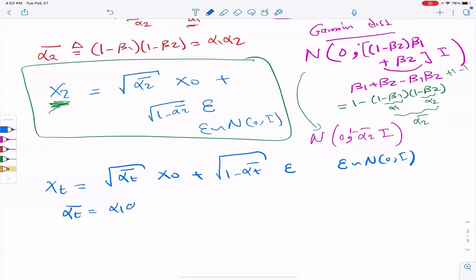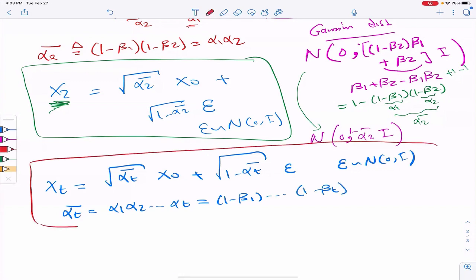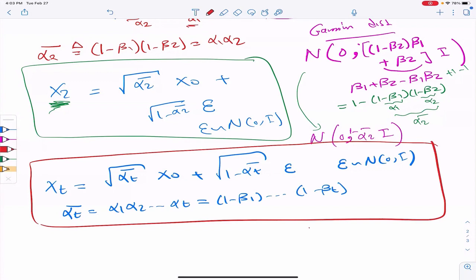It is the multiplication of alpha 1 to alpha t. And what are each alphas? It is 1 minus beta 1 to 1 minus beta t. It's your forward process.